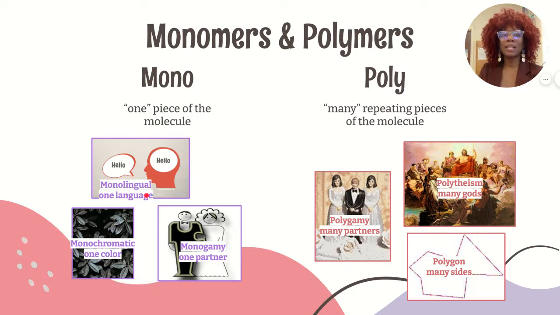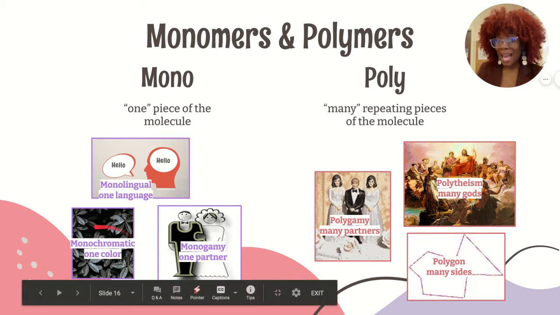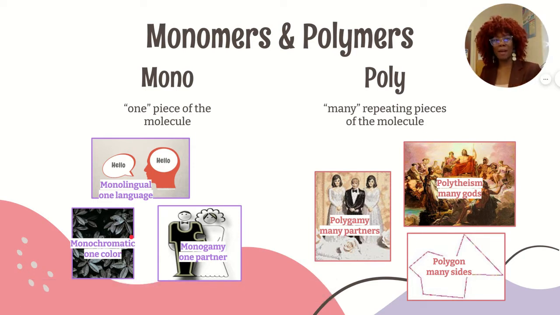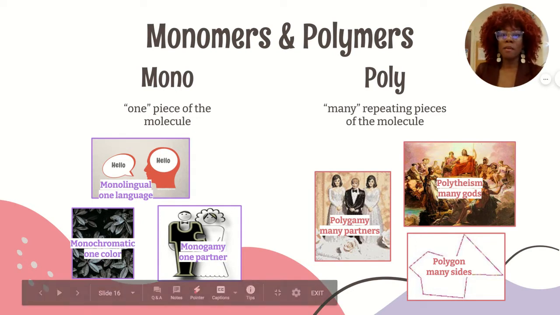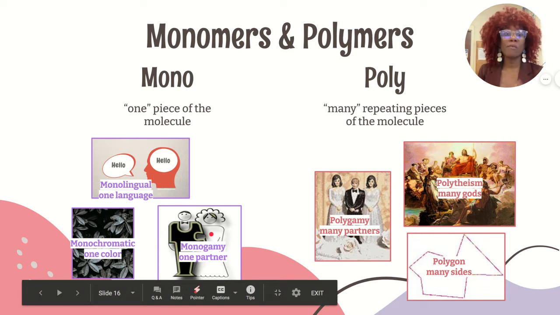Being bilingual means you speak 2 languages, maybe English and Spanish or English and Russian. And monochromatic means one color. If you have a monochromatic fit, that means you're wearing all the same color. And monogamy means that you have one partner.